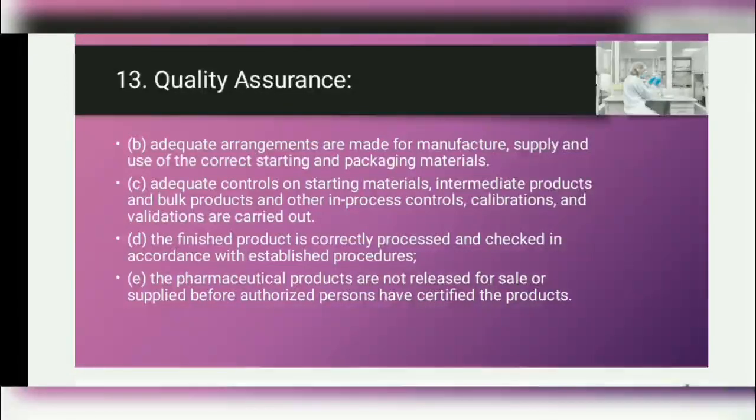After that, we have discussed the equipment, that each equipment must be provided with a logbook, and balances and other measuring equipment must be available in the raw material store, production and in-process control operations, and must be calibrated and checked on a scheduled basis.